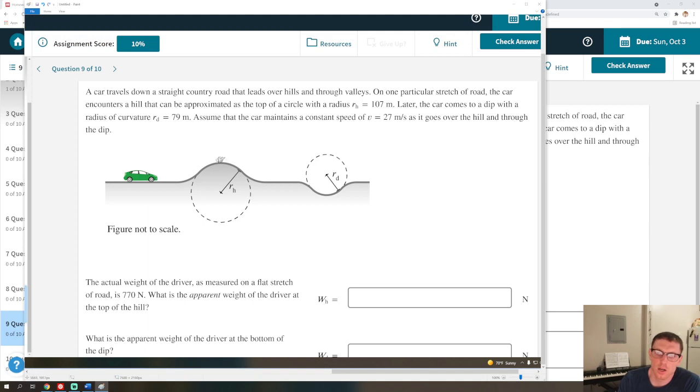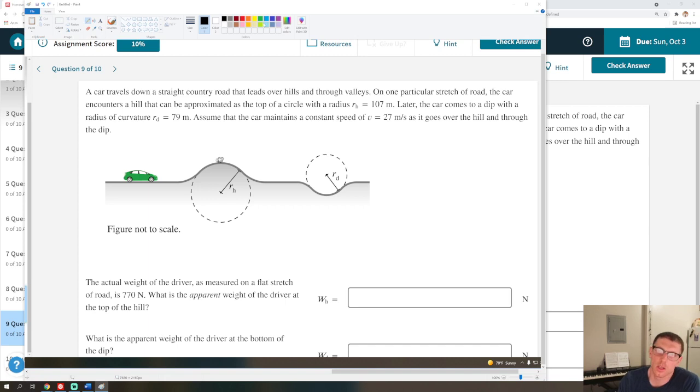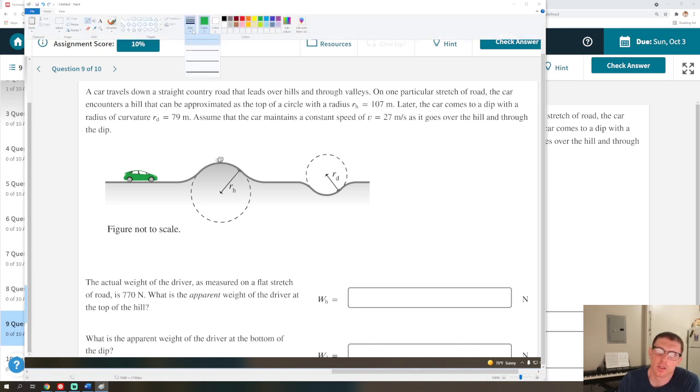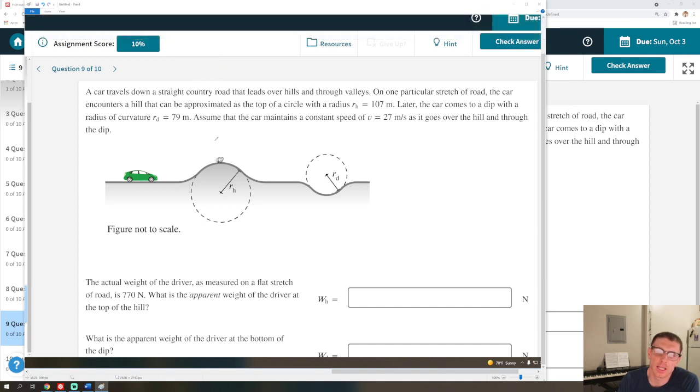So this one here, there really won't be anything surprising about the free body diagram. It's more that when we apply Newton's second law, we have some weird stuff happening.